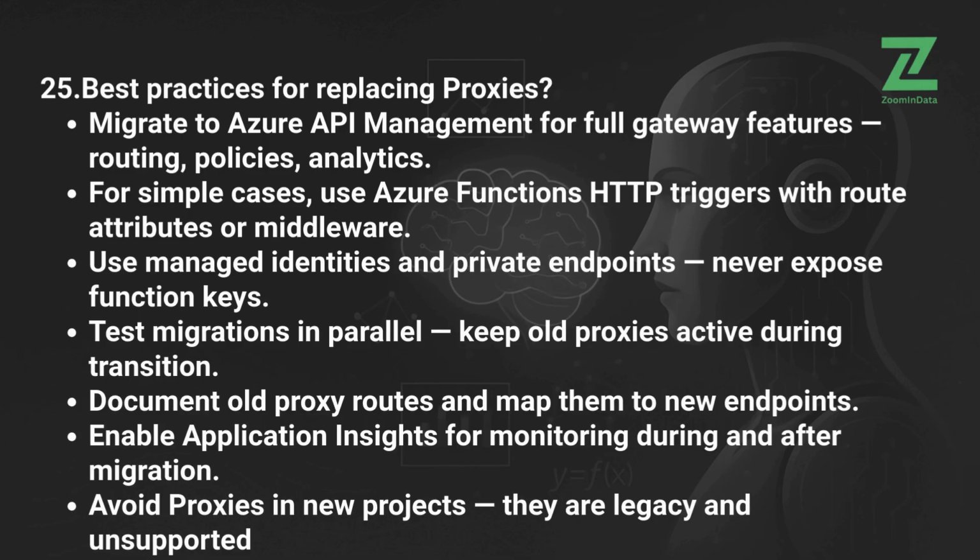Never expose function keys. Test migrations in parallel. Keep old proxies active during transition. Document old proxy routes and map them to new endpoints. Enable Application Insights for monitoring during and after migration. Avoid proxies in new projects. They are legacy and unsupported.